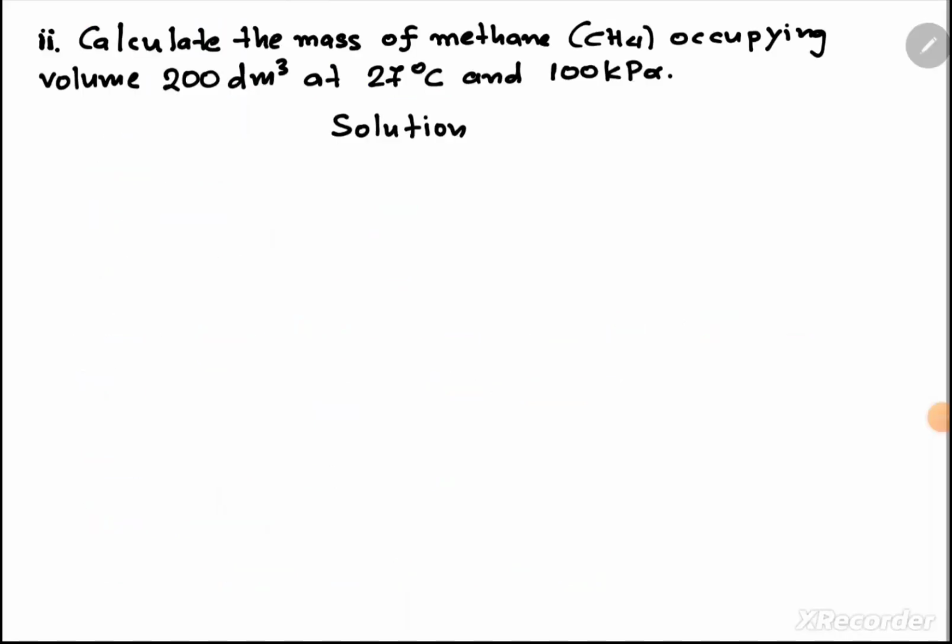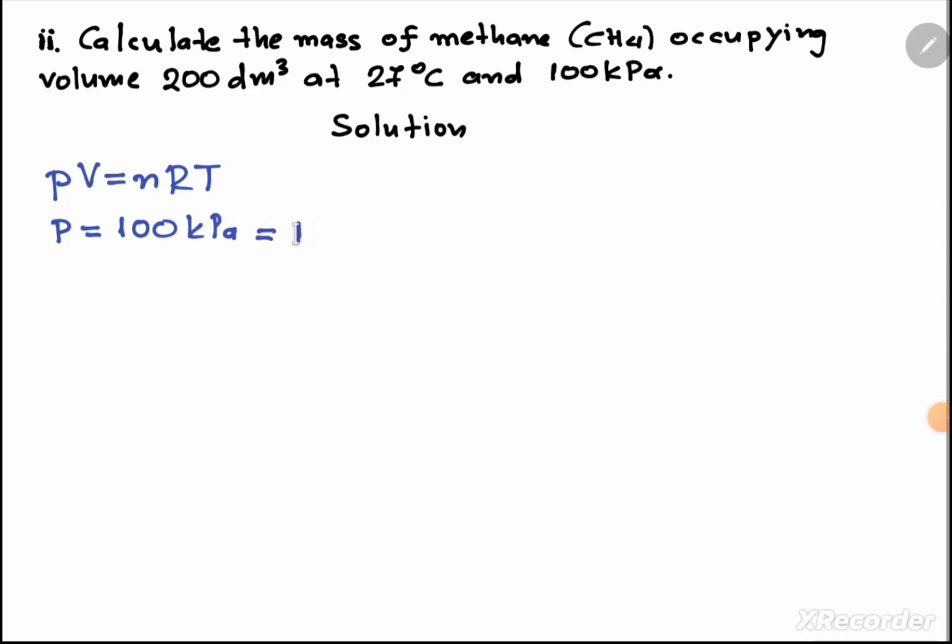Let's see example 2. Calculate the mass of methane occupying volume 200 dm cubed at 27 Celsius degrees and 100 kilopascal. We have one condition for the gas and we'll use the ideal gas equation. We know pressure is equal to 100 kilopascal and we have to convert to Pascal.